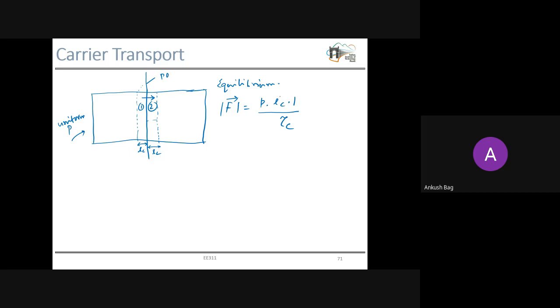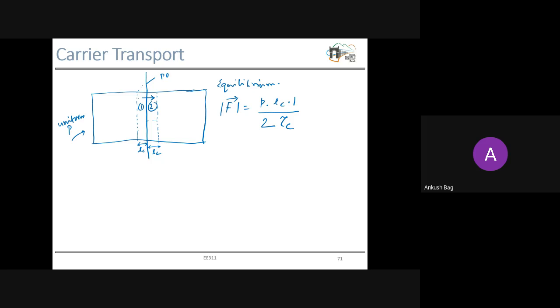But still, this is not the final figure. We need to include one more factor here: we need to divide this quantity by 2. Why do we need to divide by 2?